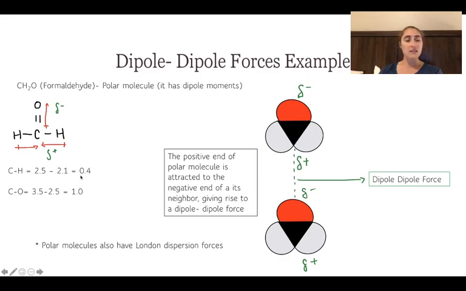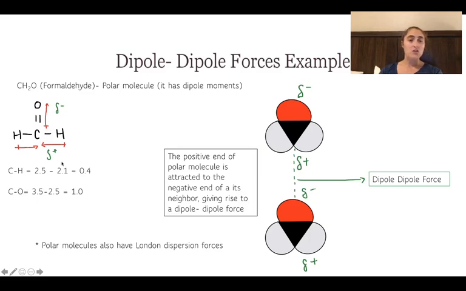Because this is on the edge of really having much electronegativity, we're only going to look at this difference, which makes this molecule slightly negative on the top side and slightly positive on the bottom. So it does have a dipole moment, and it also makes this molecule polar.